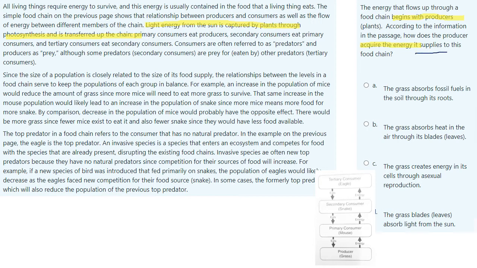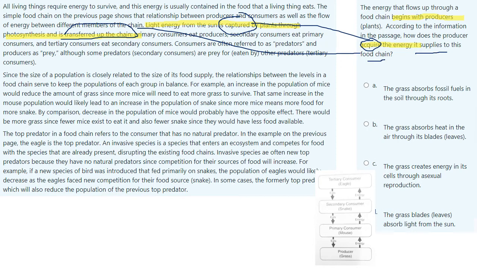It supplies to the food chain and it transfers up the chain. So these two bits link together. And capture and acquire, again, are two words that have a similar meaning. So we should be looking for an answer about the sun, about light energy.